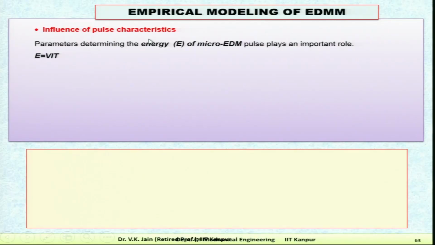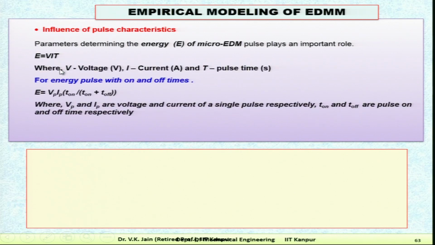Influence of pulse characteristics: parameters determining the energy of a micro EDM pulse play an important role, and this energy is given by E = VIT, where V is the voltage, I is the current in amperes, and T is the pulse time in seconds. If it is very small, it can be in microseconds also.